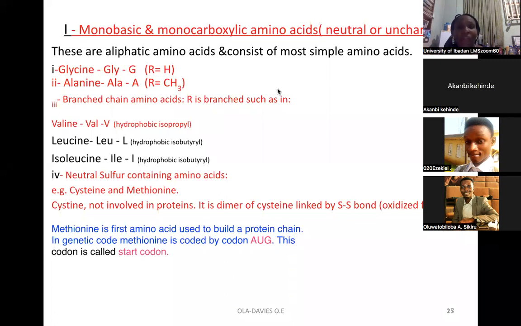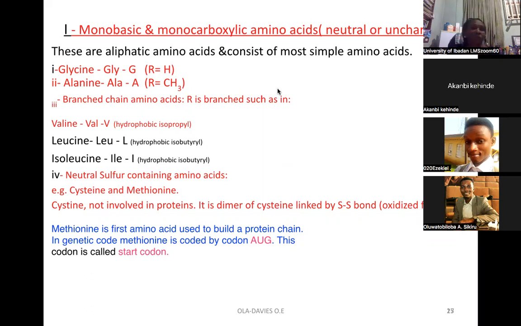At the end of the day, if you have one basic group and one carboxylic group, which is acidic, it becomes neutral, because the basic group neutralizes the acidic one. I hope we understand what we're talking about. You ultimately have a neutral or uncharged amino acid.